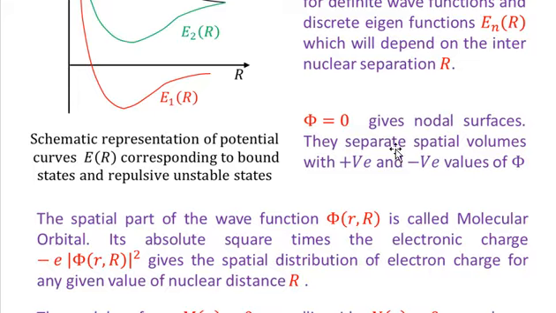And they separate spatial volumes with positive and negative values of phi. So one volume will be designated by the positive value of phi, the other will be designated with the negative value of phi, and in between them we have the nodal surfaces represented by phi is equal to 0.